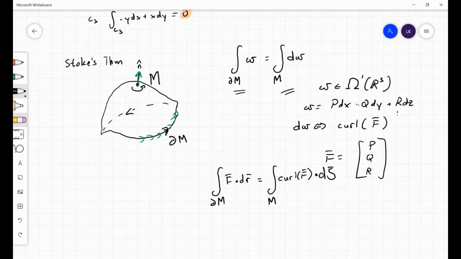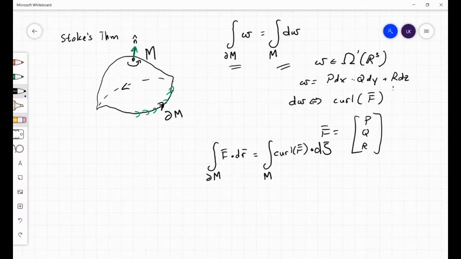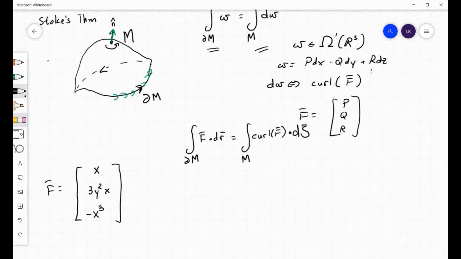Okay, so let's see this in action. So suppose we have a vector field. Okay, and we have a surface. So I'll just call it S, that's fine.